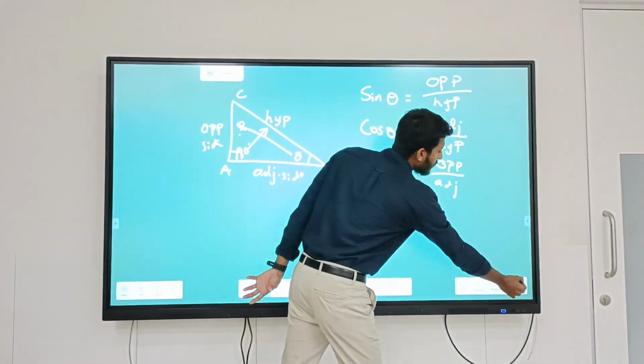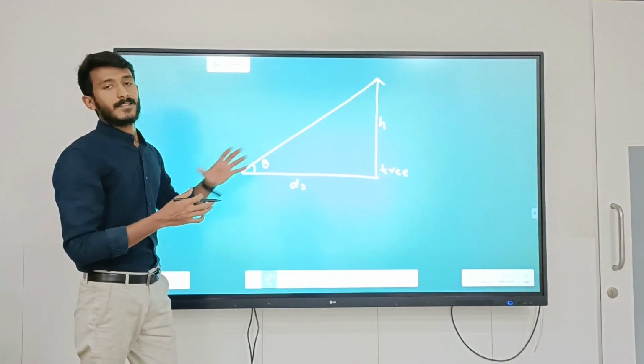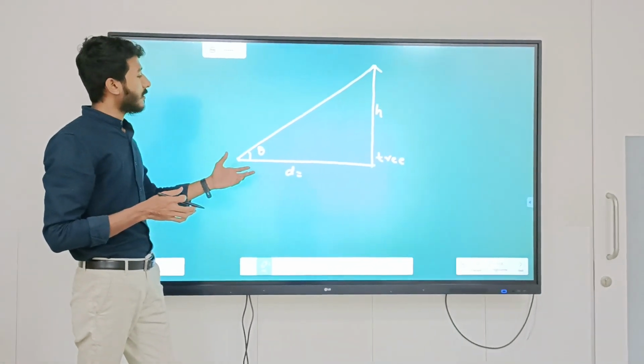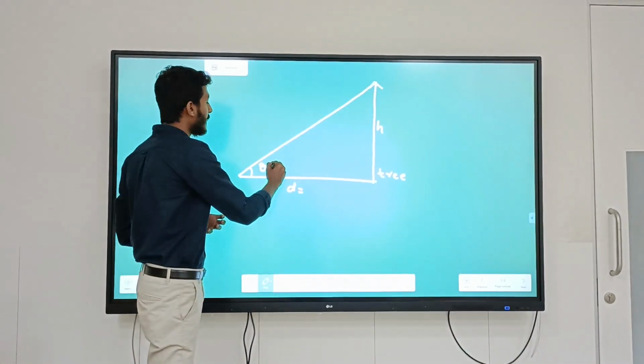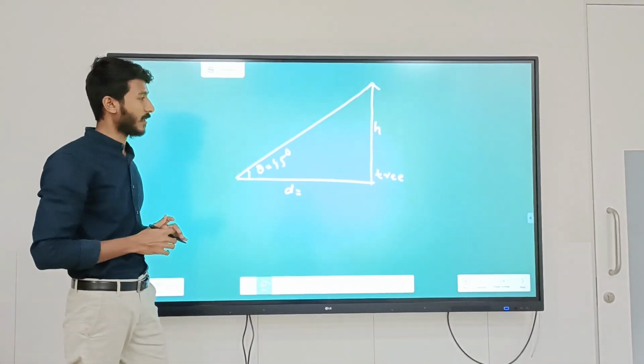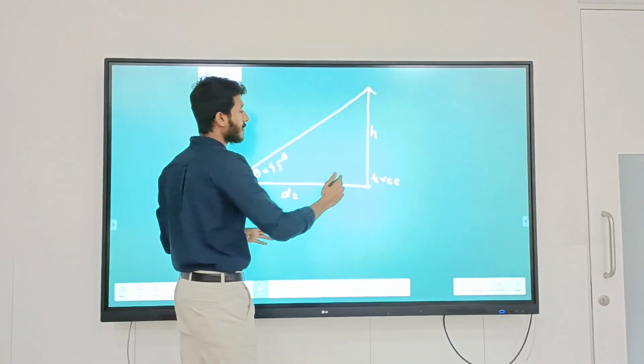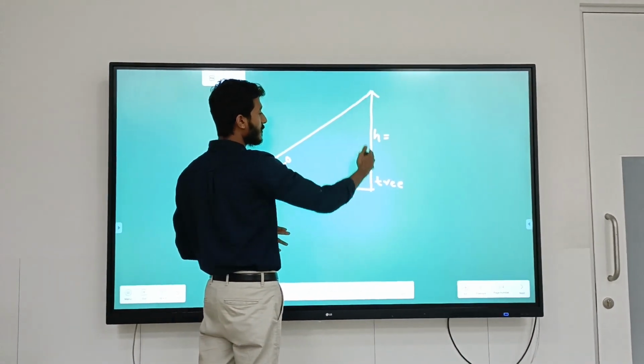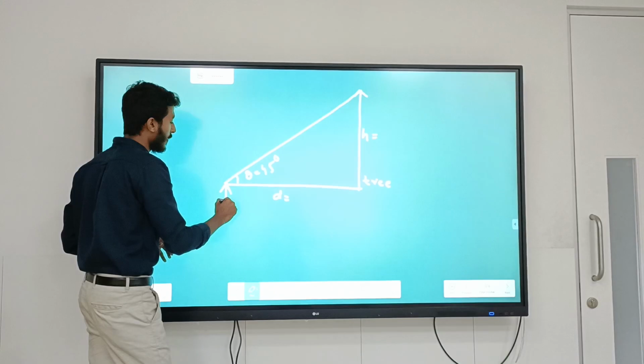In this case, we know one angle theta, that's 45 degree. This is the height of the tree.